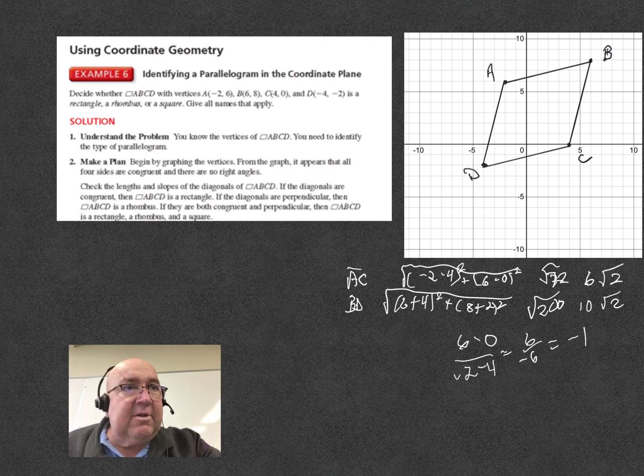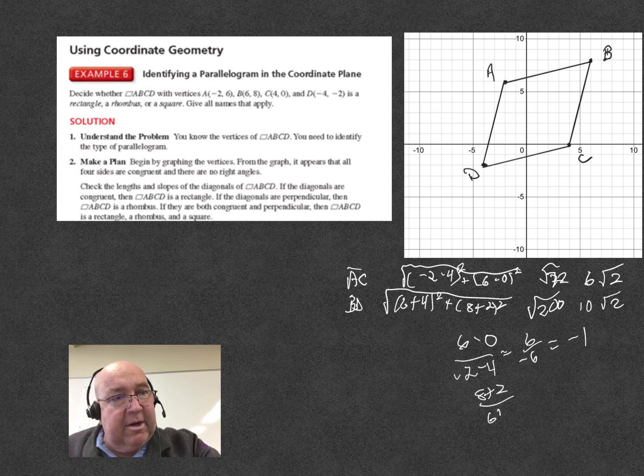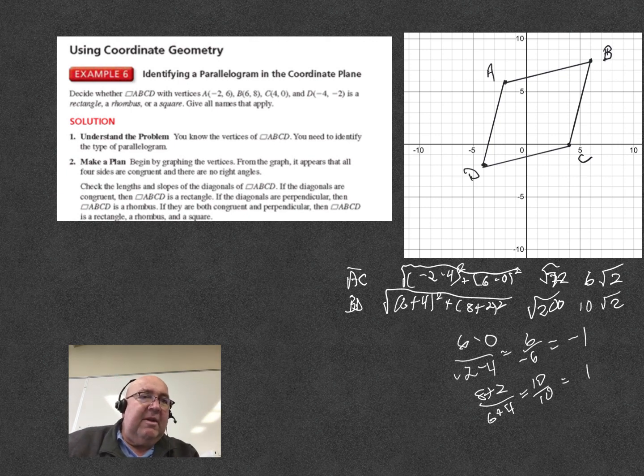We want to check the slope of BD now, and we get 8 plus 2 over 6 plus 4, and that equals 10 over 10, which is equal to 1. Now you'll remember that before we learned that perpendicular lines have negative reciprocals for slopes, and this is a negative reciprocal, so this is a rhombus because of the perpendicular bisectors, diagonals.